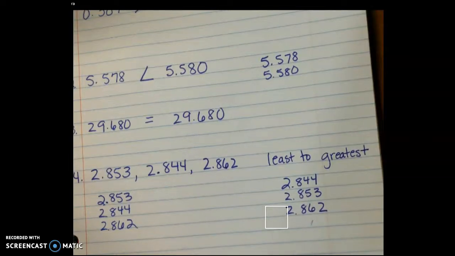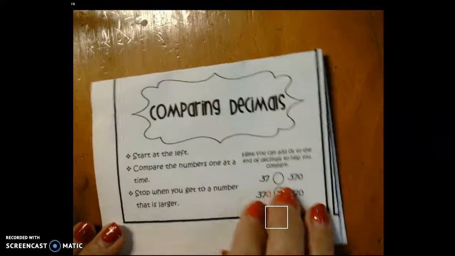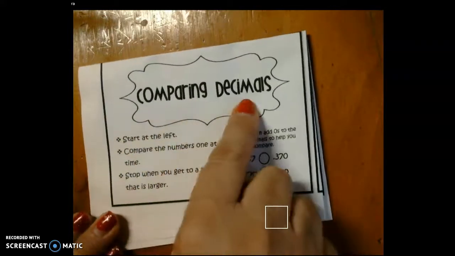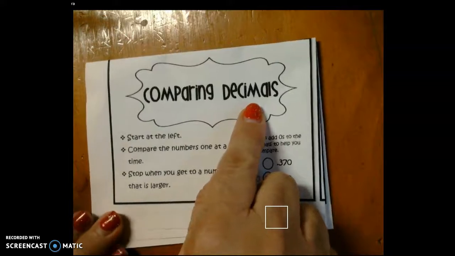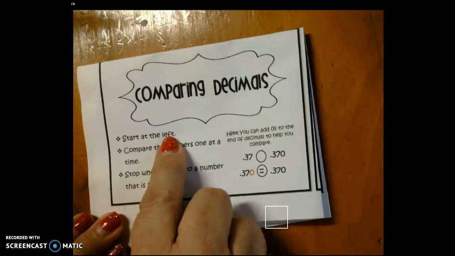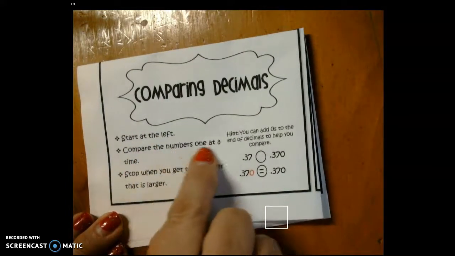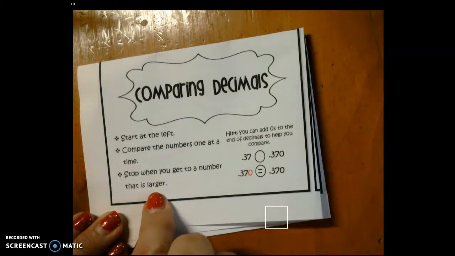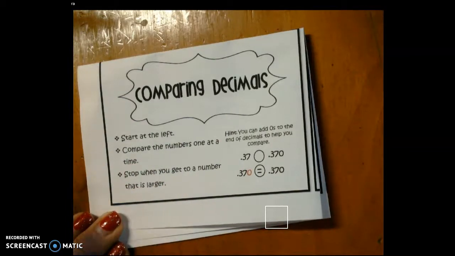What I'm going to do underneath this video is give you a PDF which you can download and print that shows you the method for comparing decimals, and it should help you to do this. Start at the left. Compare the numbers one at a time. Stop when you get to a number that is larger. That is just exactly what we did.